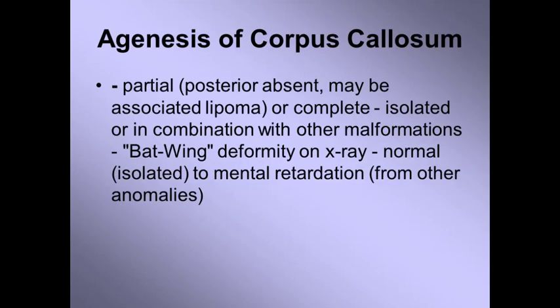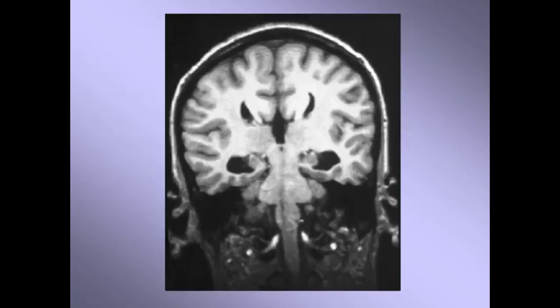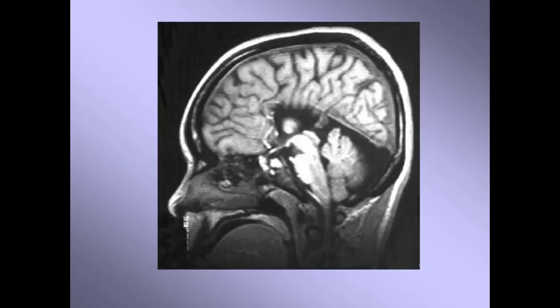Partial posterior absence may be associated with lipoma, or complete, isolated or in combination with other malformations. Bat-wing deformity on X-ray, normal or isolated mental retardation without other anomalies. Here you can see the bat-wing appearance of parallel lateral ventricles with separation of the cerebral hemispheres. You can see the midline structure in sagittal, which is the best way to diagnose the corpus callosum.